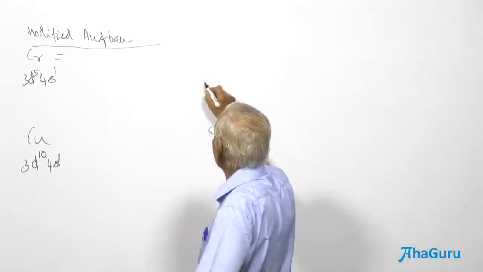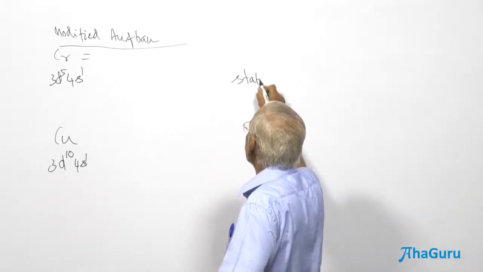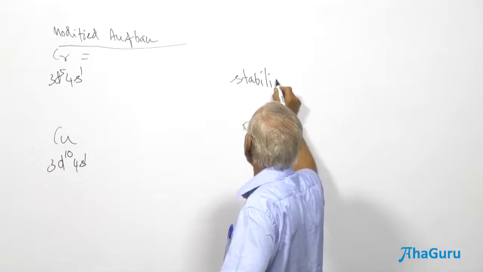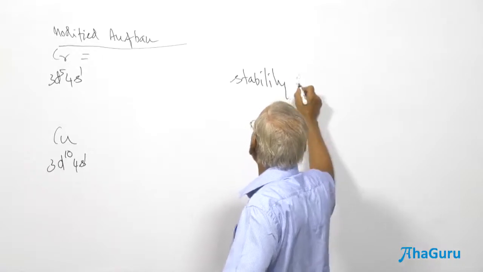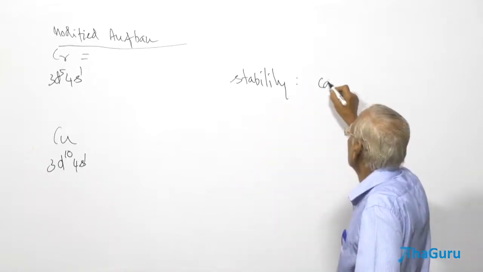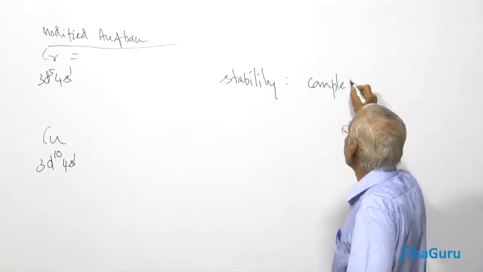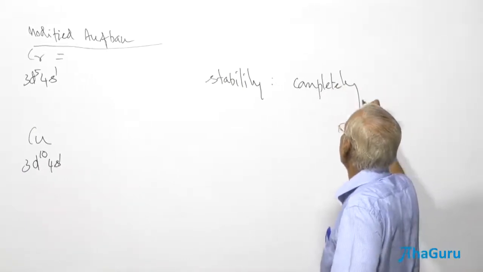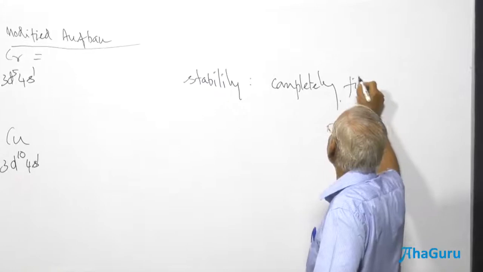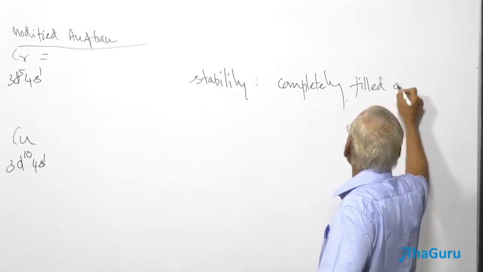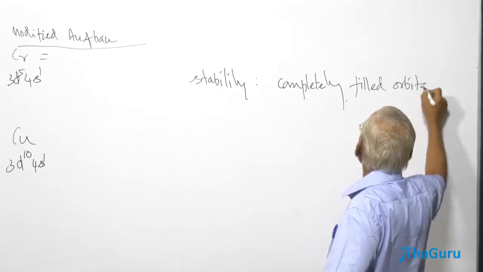Because the stability of an atom, either it should be completely filled orbital, it should be completely filled orbital.